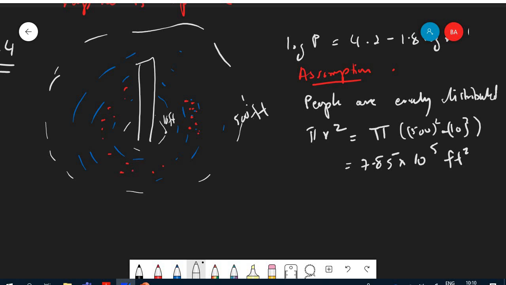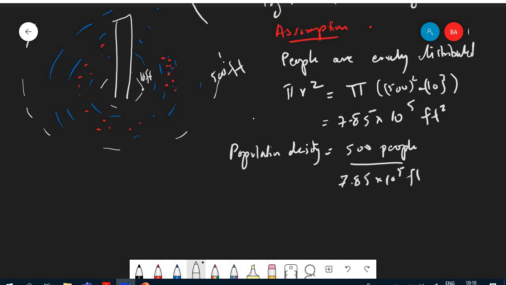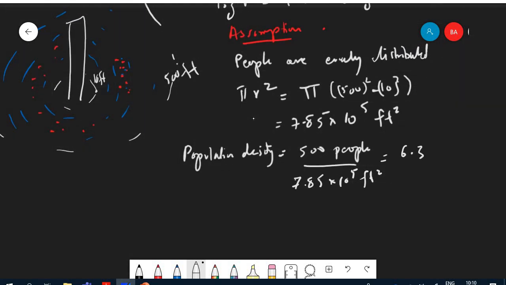Okay, so what is now the number of people who are going to be in that place? This is called the population density. We have 500 people per that area that I have here. So how many people per feet square? We will have 6.37 times 10 to the power minus 4 people per feet square. So that is the number of people that I'm expecting.